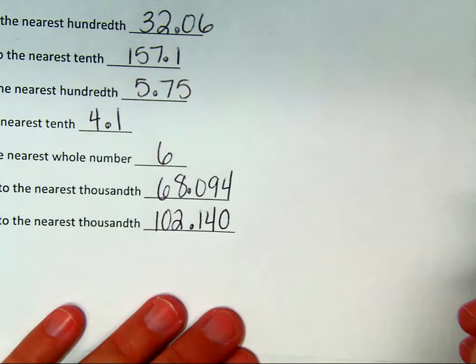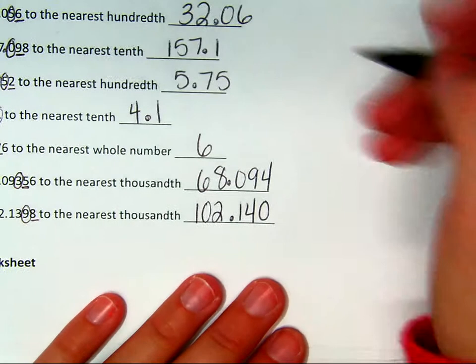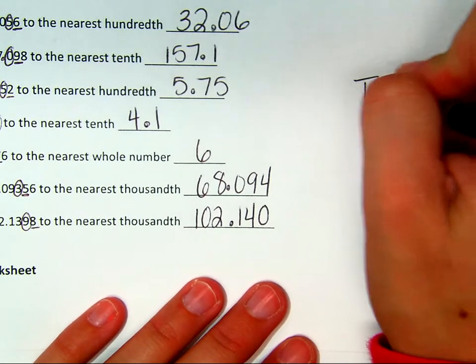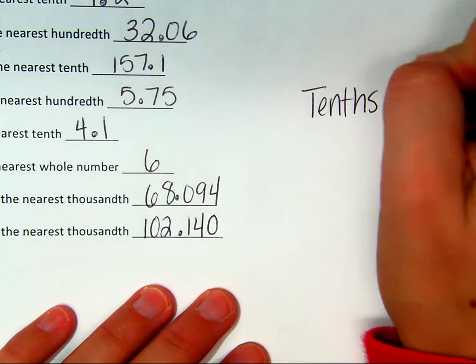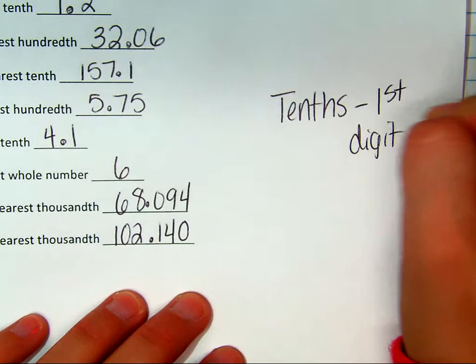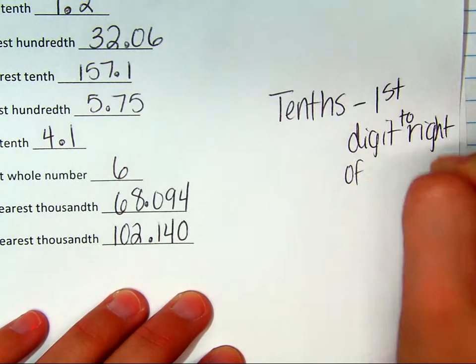Another good trick to write down. Some people get mixed up on where the place values are in your decimal numbers. So the tenths place is the first digit to the right of the decimal.